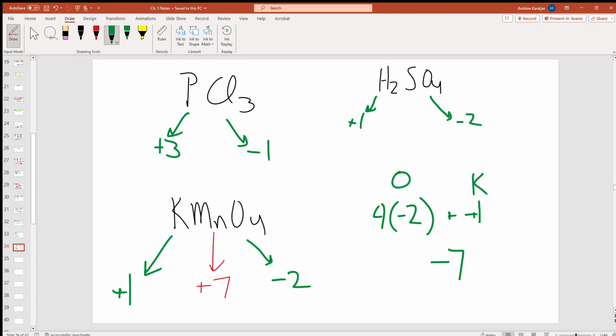So we have 2 times +1 from the hydrogen, 4 times -2 from the oxygen, means we have -6. So the sulfur needs to be whatever value to get back to 0 because the overall compound is neutral. So sulfur here has an oxidation number of +6.